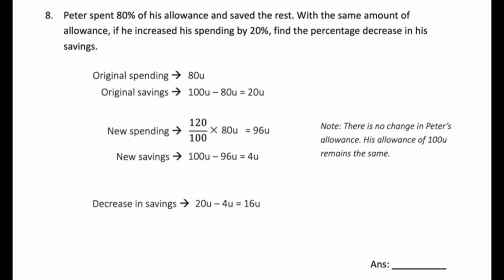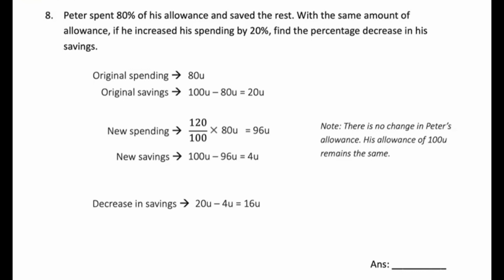Always, whether increase or decrease, the change over what it was before, meaning the original. What it was before, the original, is 20 units.